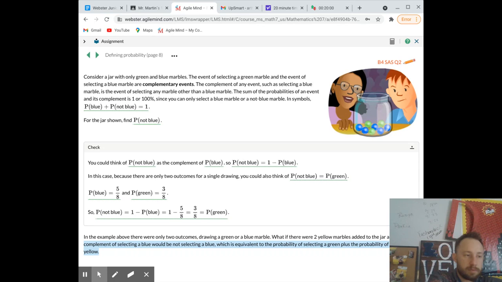5 out of 10. Correct. The chance that you would get a blue would be 5 out of 10. So my question to you is the complement of selecting a blue, meaning the only other possible outcomes would be what colors? Yellow and green.